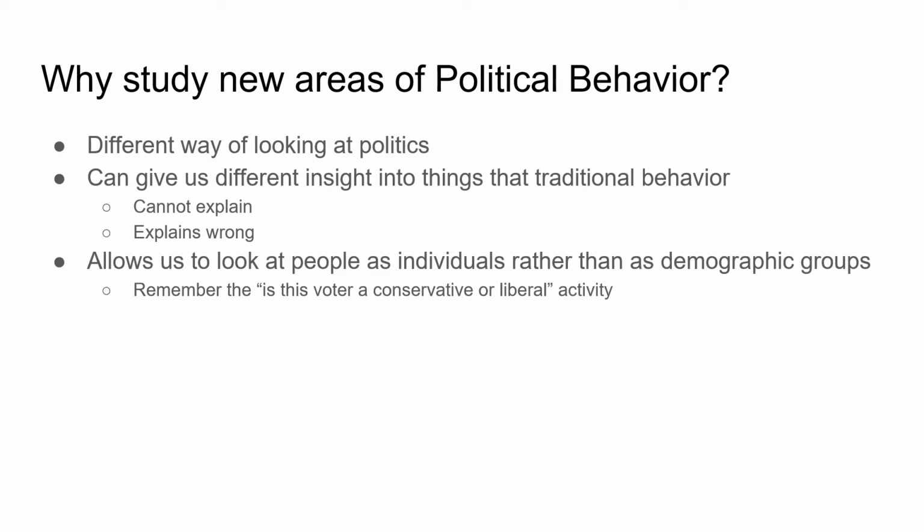The other thing about political biology is that it allows us to look at people as individuals rather than as members of demographic groups. And so there is a considerable amount of variation even within the groups.